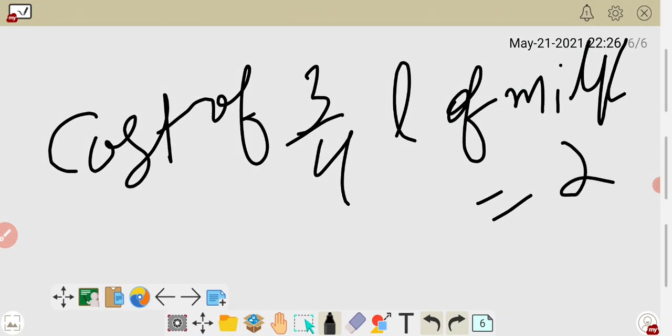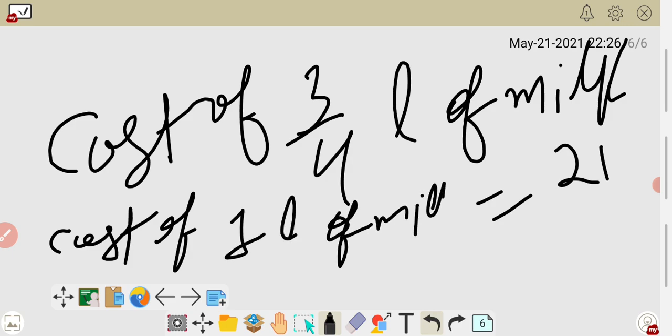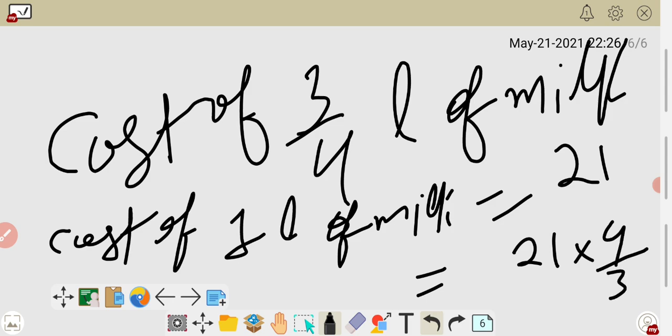Now you have to find the cost of 1 liter of milk. So just write here: cost of 1 liter of milk is equal to 21 by 3 by 4. It becomes divide, then multiply 4 by 3. When this number comes to this side, it becomes reversed. So it becomes 4 by 3.